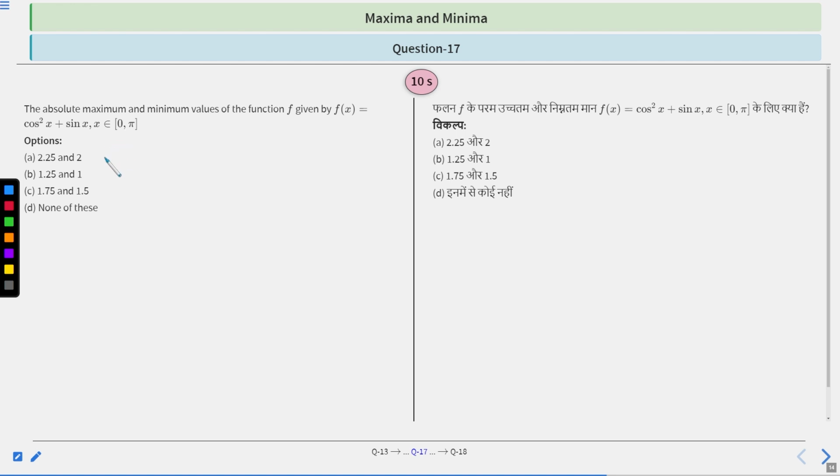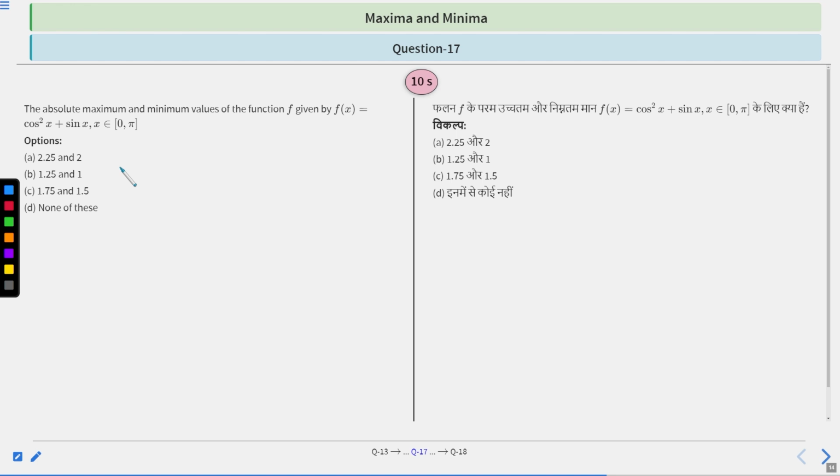So the hint of this question is first we will find f dash x, right? We will put f dash x equal to 0 to find the critical point. After finding the critical point, we will check for f double dash x, right? The point at which f double dash x is less than 0 will be a local maxima, and the point at which f double dash x is greater than 0 will be a local minima.